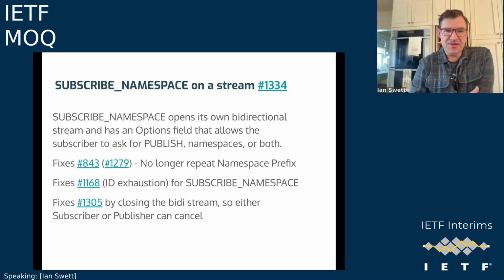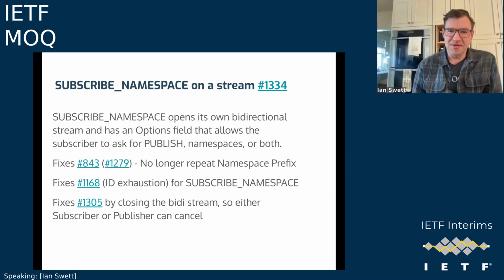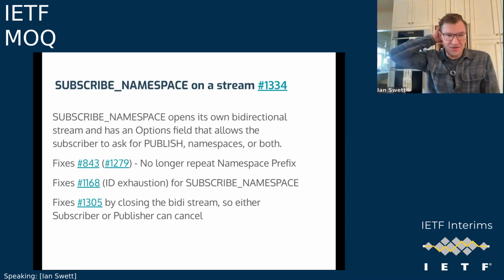So it allows this functionality that we've talked about back and forth, like, should you have to get both publish and namespaces at the same time? It just seemed like an obvious time to do that. It fixes 1305, which is the fact that today a publisher cannot actually close a subscribe namespace at all, which was noticed during implementation.